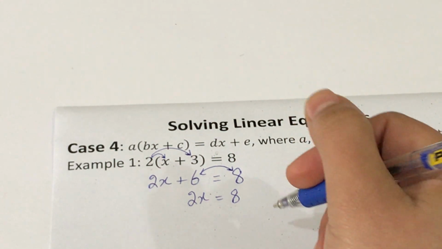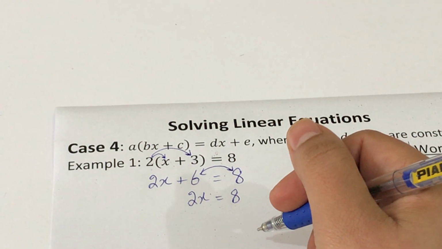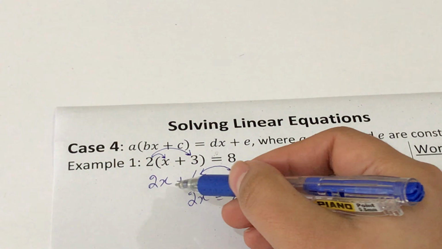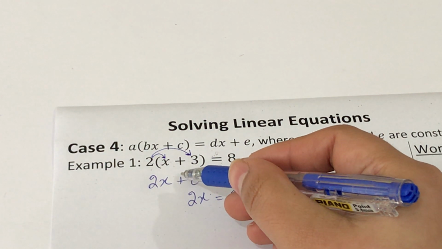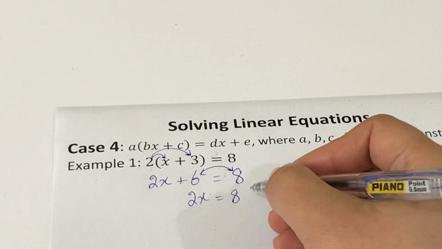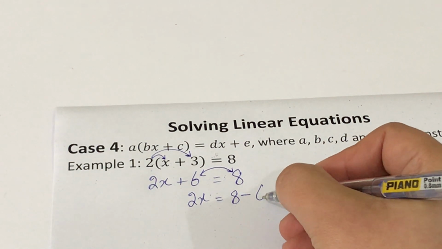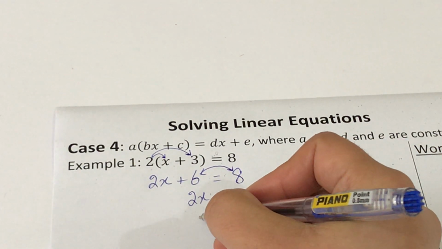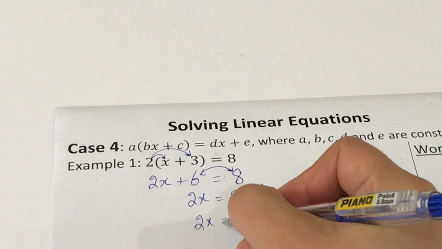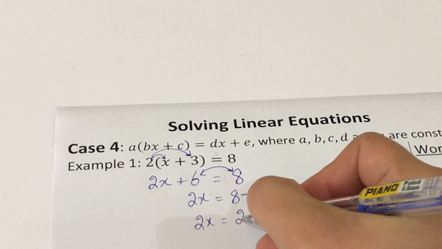Remember, when you shift any term from one side of the equation to the other, you have to change its sign. As 6 was positive here, when you shift it to the other side it would be negative. So 2x is equal to 8 minus 6, which is 2.